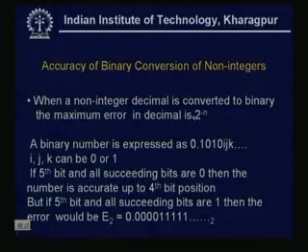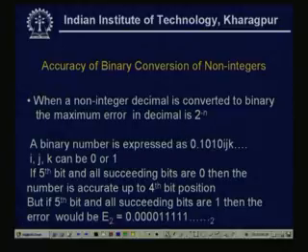See why we are telling this. A binary number is expressed as, say, 0.1010 i, j, k, l, like that. That means, say here after the decimal point I am taking 1, 2, 3, 4, 5, 6, 7, say 7 bits.